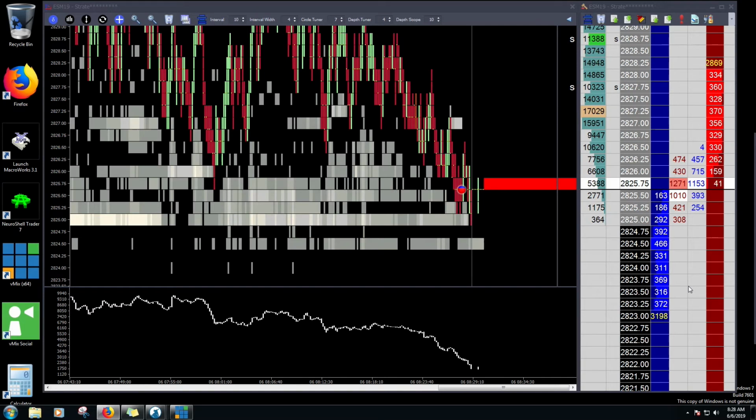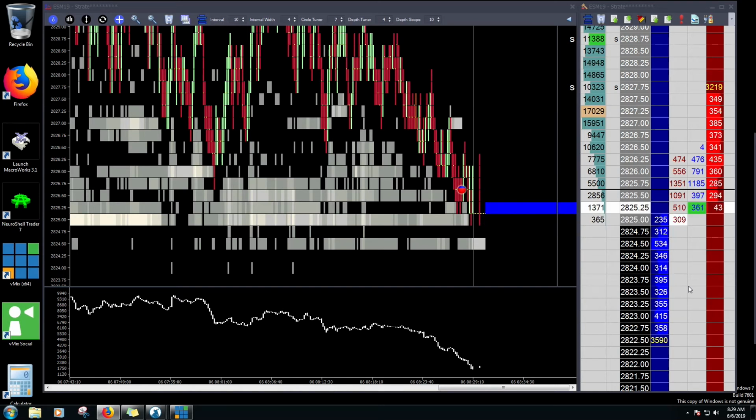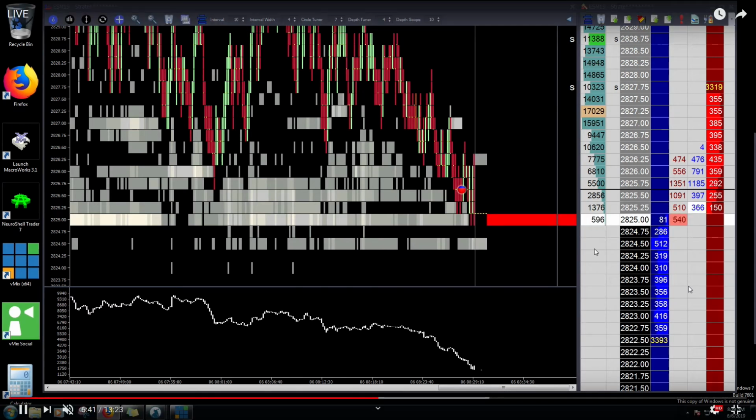And it's bounced several times off this level, which isn't generally all that good. Now you can see that 529 down here, and it looks like they've moved their defense down a few ticks, or that could have already been there. The first 2 lines of defense got taken out.